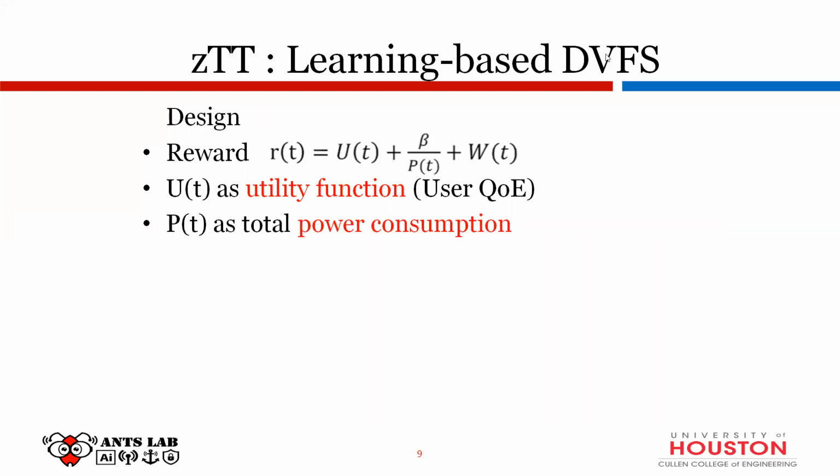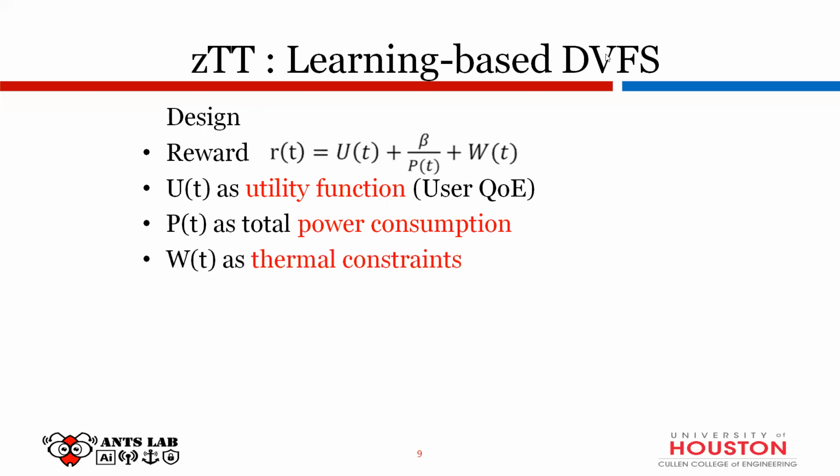And P_t is the total power consumption. Here, total power consumption contains CPU power consumption and GPU power consumption and other additional power consumptions.